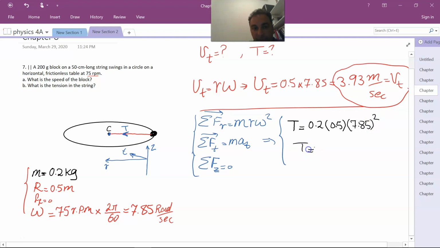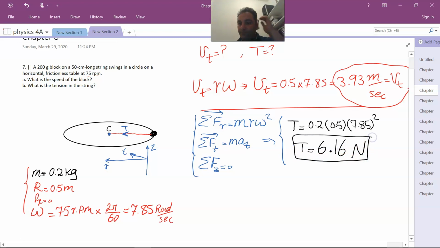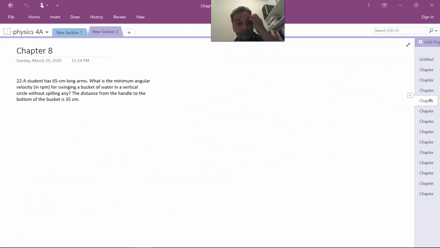So tension becomes how much? 0.2 times 0.5 times 7.85 squared, the answer will be 6.16. So 6.16 newtons is your tension. Did you get this? So we found the tension and also the speed of the block.